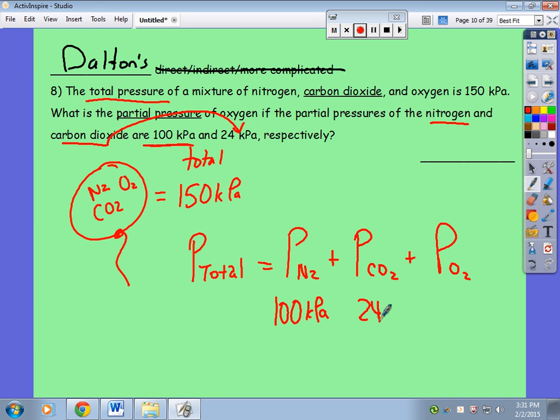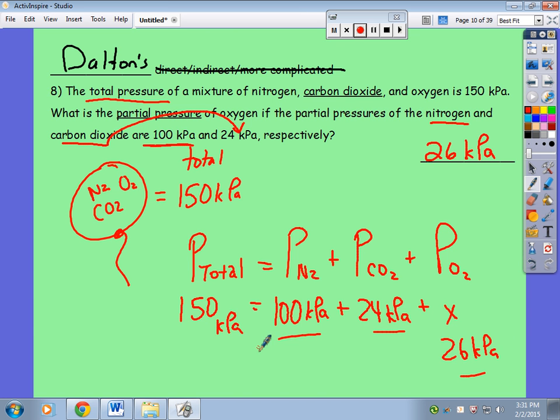That's what respectively means, in order of how I tell you. Plus X. Now what's my total? My total is 150. So all you do here is solve for X. And when you solve for X, you get 26 kPa. And that's the pressure of oxygen. And you know that because when you put 26 kPa in here, it all adds up when you add 26 and 24 and 100 to get 150. All right?